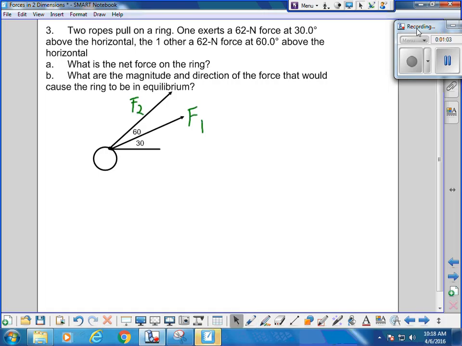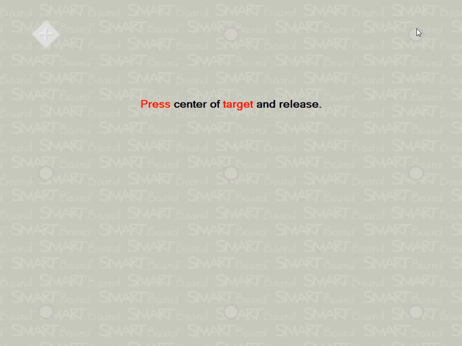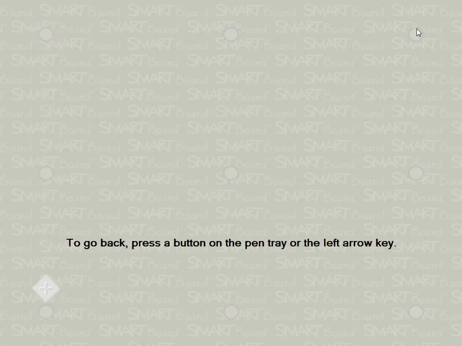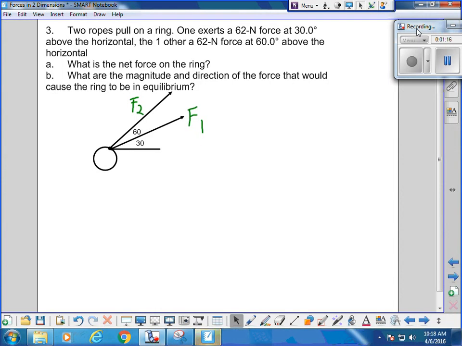Okay, so we're going to label those F1 and F2.